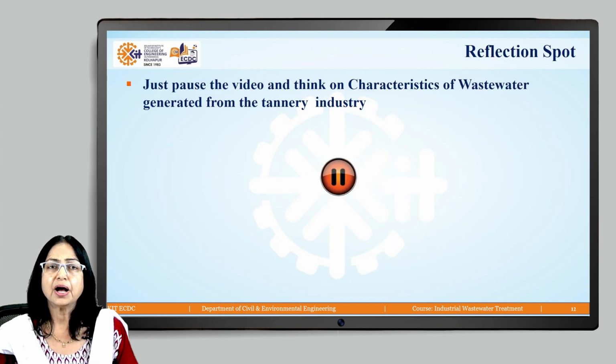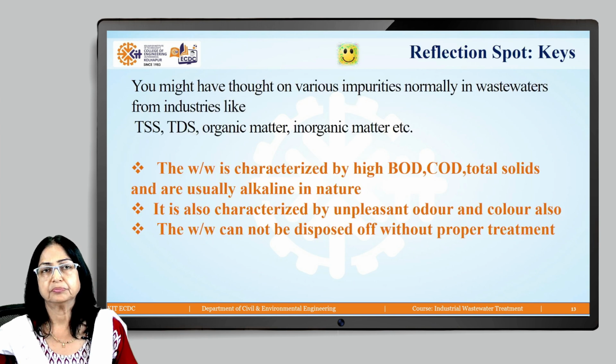Now, as I have discussed the manufacturing process with you, I want you to pause the video and think what will be the characteristics of wastewater generated from this tannery industry. Okay.